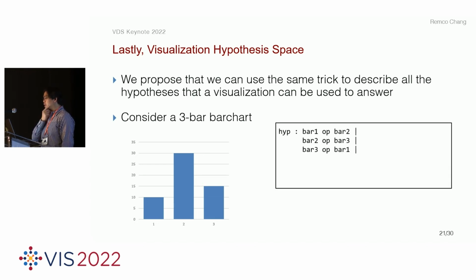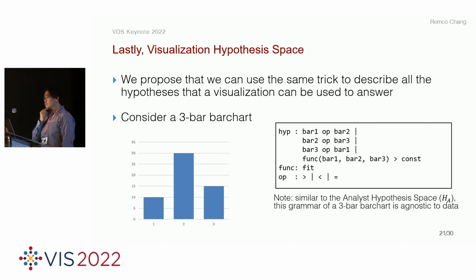For instance, I can ask if bar 1 is taller or shorter than bar 2. I can ask if bar 2 is bigger or smaller or equal to bar 3. I can ask if bar 3 is bigger or smaller than bar 1. And I can maybe ask whether the 3 bars form some sort of distribution or pattern, where my function is hand-wavingly called fit. And operators are the same thing, right?